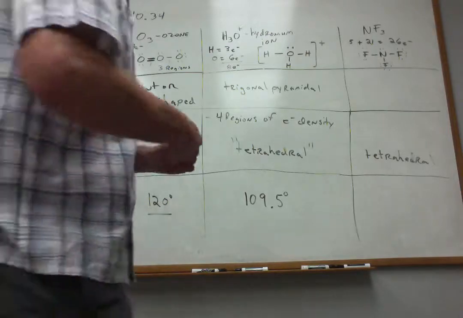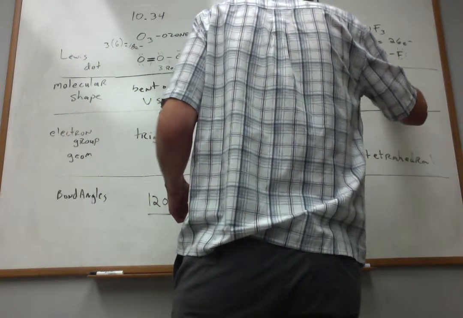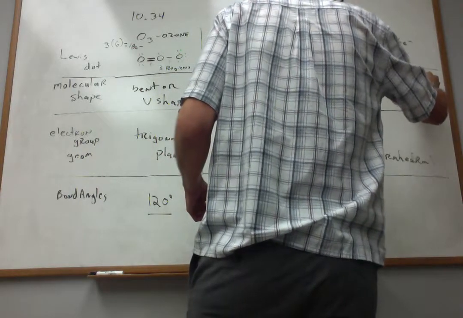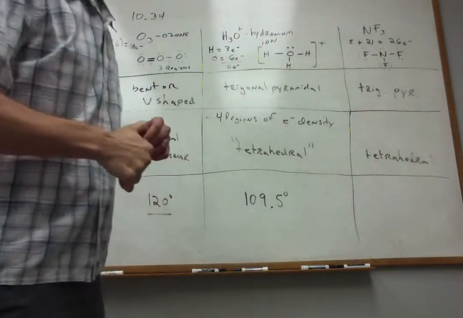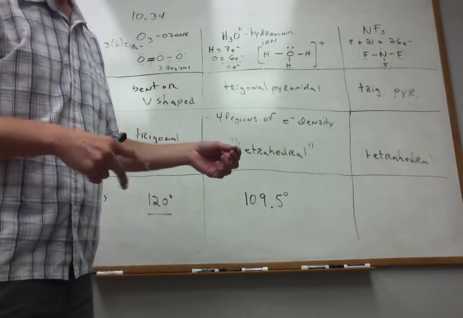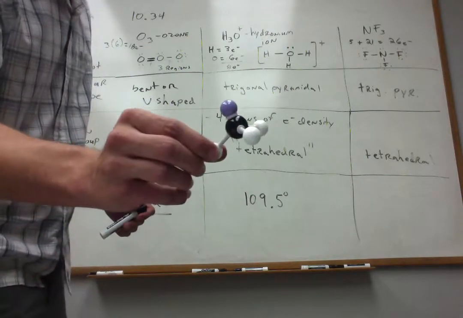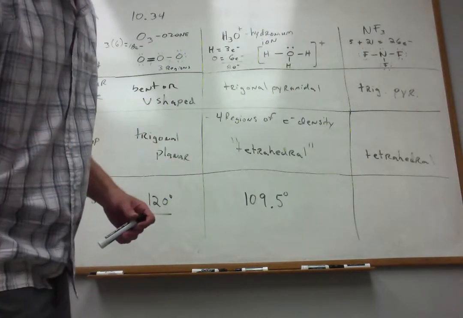Isn't it also trigonal pyramidal? It's got 4 regions of electron density with 3 bonding pairs, 1 lone pair. It's trigonal pyramidal, just like that case that we considered.